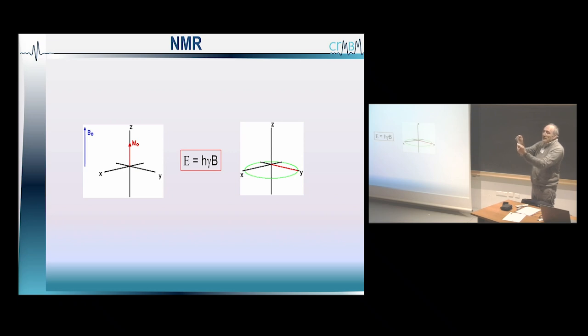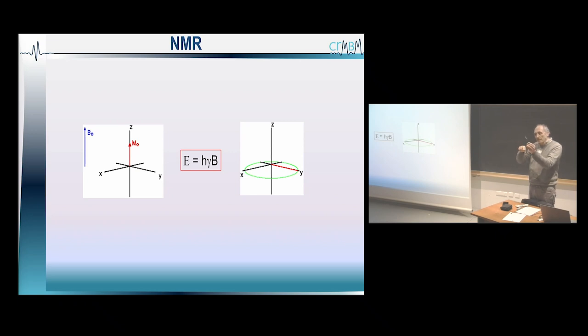If you've got the same number of nuclei in this state and in this state, and you do the projection like this, you're going to actually get this magnetization to 0. So this is what we need to understand. If you go from B0 to B0 plus the famous B1, the magnetization along the z-axis is going to go to 0.